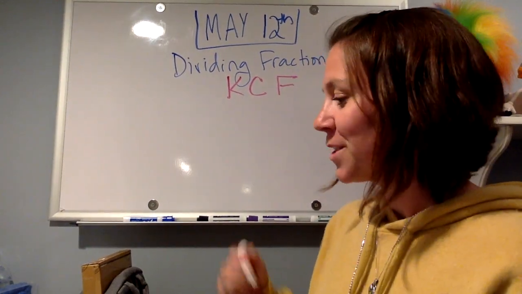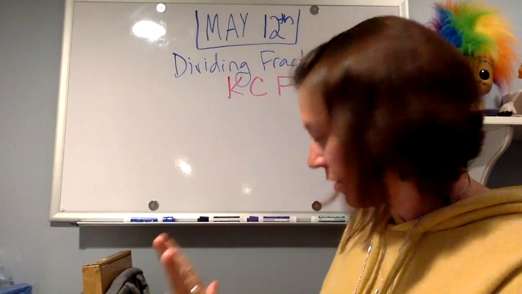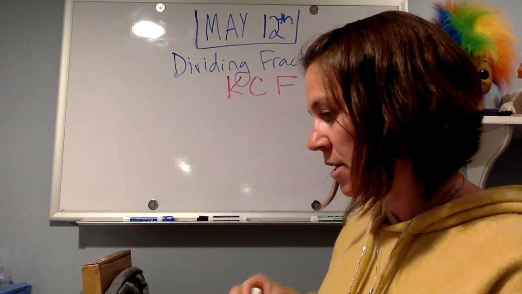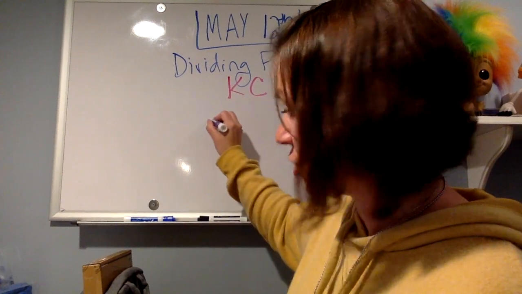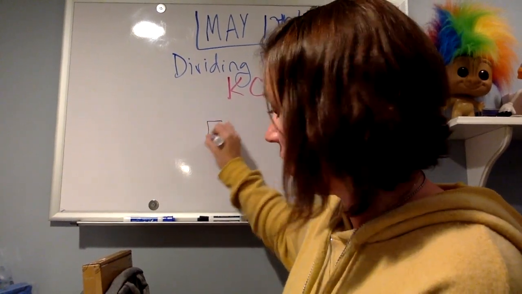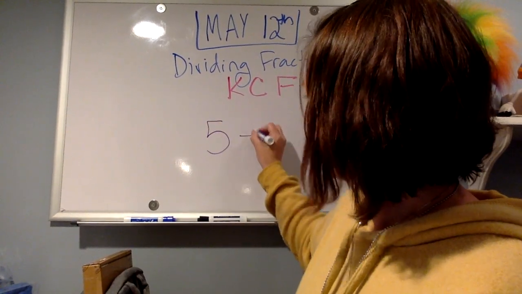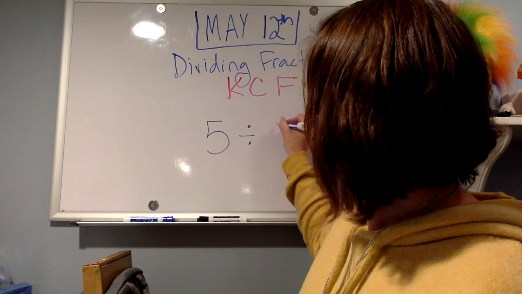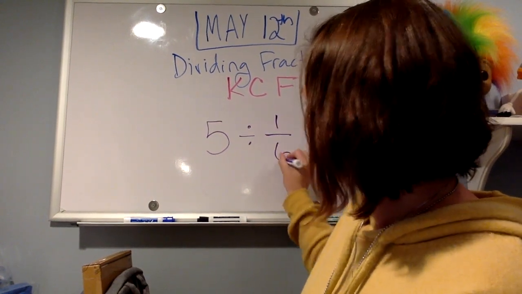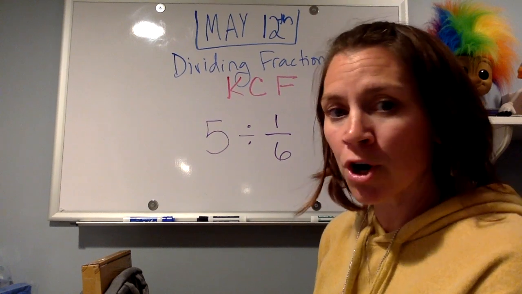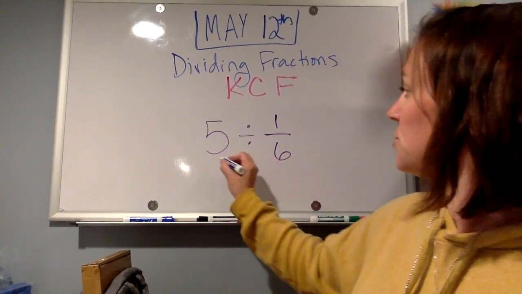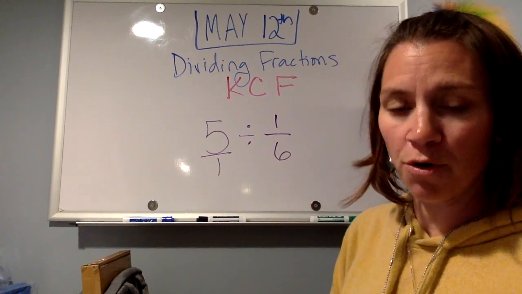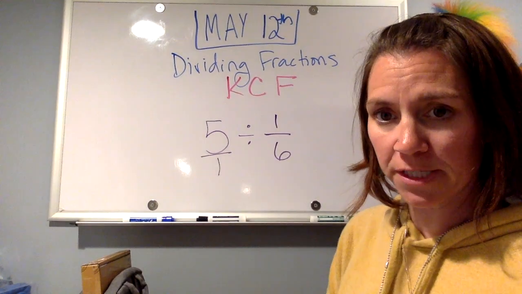Okay? So I'm looking right now at number 1 and number 3 on the sheet, so there's a whole number first, and a fraction second. So we'll do 5 divided by 1/6. Remember your steps. The first thing I'm going to do is stick a 1 under my whole number. Don't forget that step.